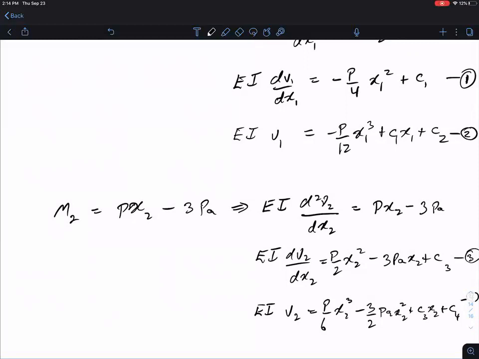If we wanted to compute the displacement between A and B, we can use equation 2, substituting the constants C1 and C2. And if we want to compute the displacement or rotation between B and C, we would use equations 4 and 3 respectively, while substituting the relevant constants.